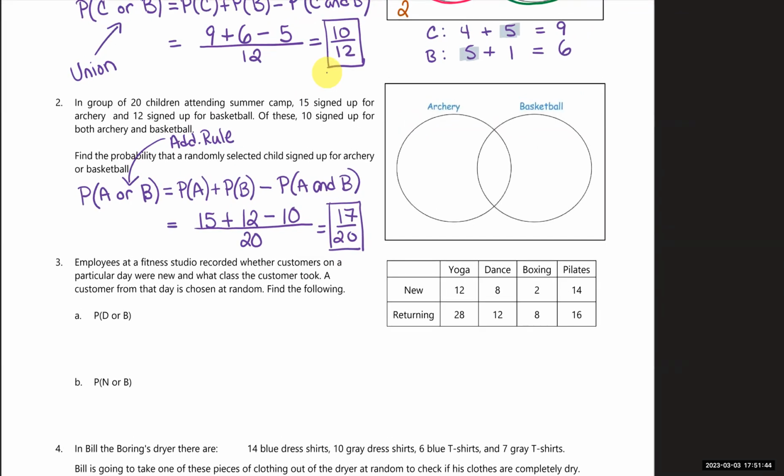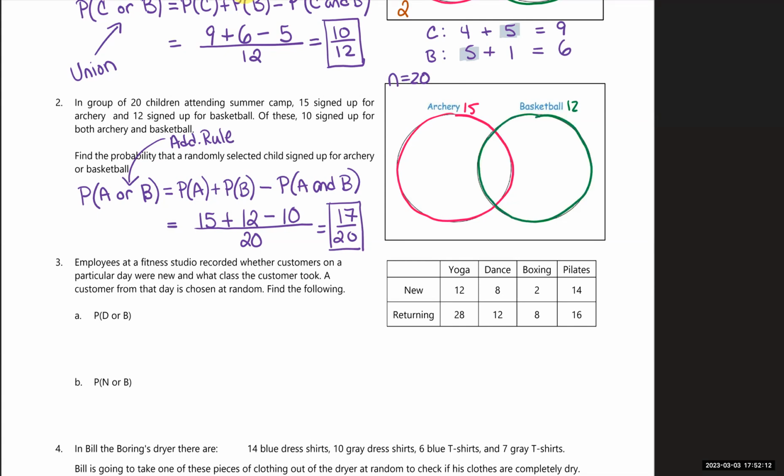Now I do want to go ahead and fill in the Venn diagram. So outside here, I know I have 20 people. And I know that the total archery circle, so total archery, was 15 in that circle. And then the basketball circle, we had 12 people. So I need 12 people in that circle.